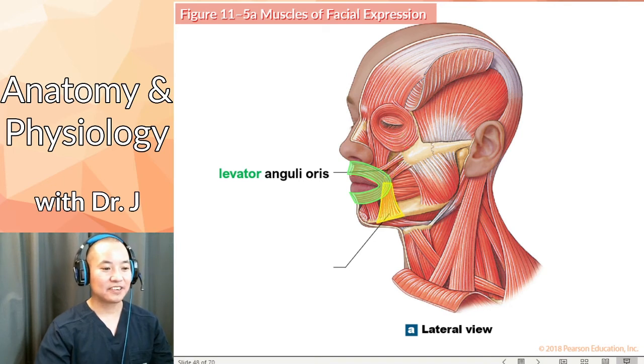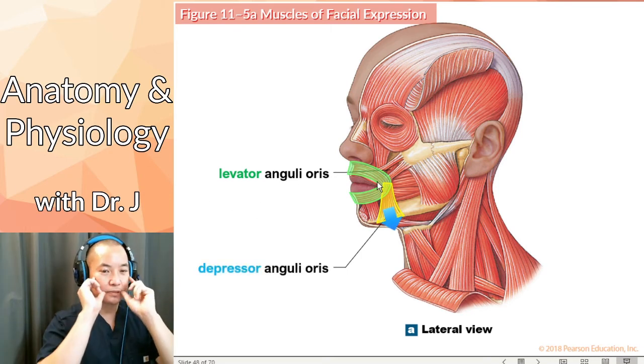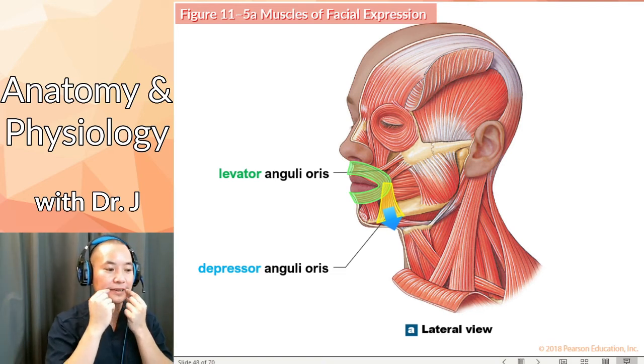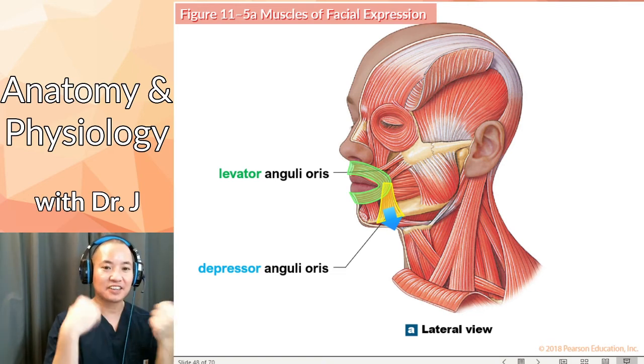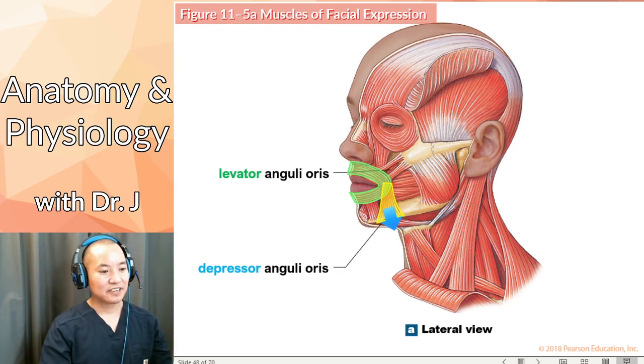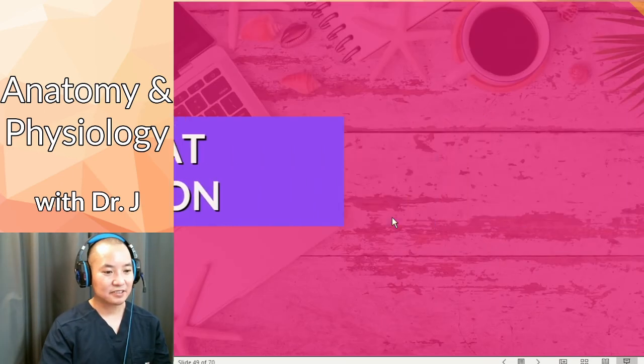But if there's a levator anguli oris, if we use that opposite rule, there's also a depressor anguli oris. The levator anguli oris pulls up and elevates the corners of your mouth. But the depressor anguli oris is in the opposite direction. So it's going to cause that frown, right? If you depress the corners of your mouth and pout. So levator and depressor.